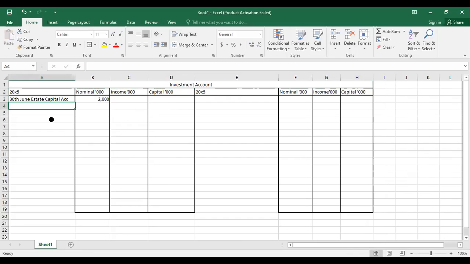And this is what we are concerned with because we are talking of the stakes here, or the shares. We are talking of the shares that were already trading in the treasury. And we've been told that they had a nominal value of 2 million, right? So that is the first entry. So this is the stock at death on 30th June.